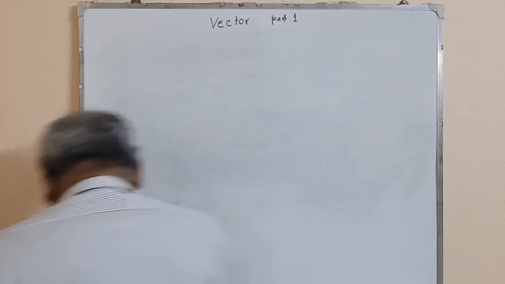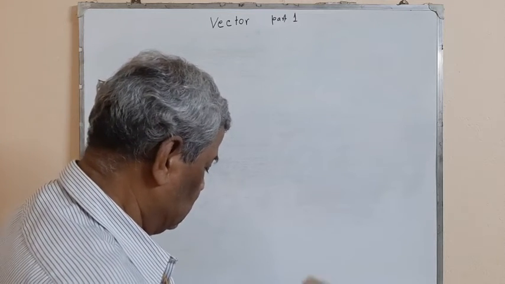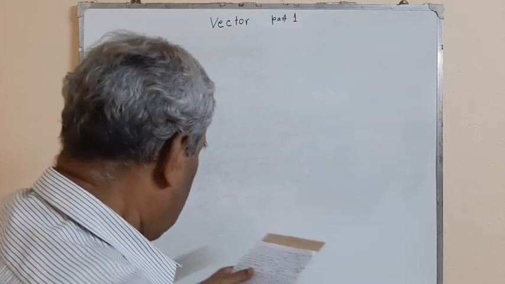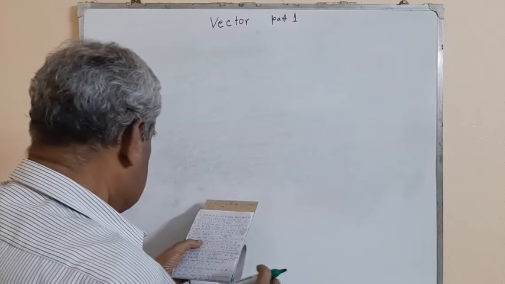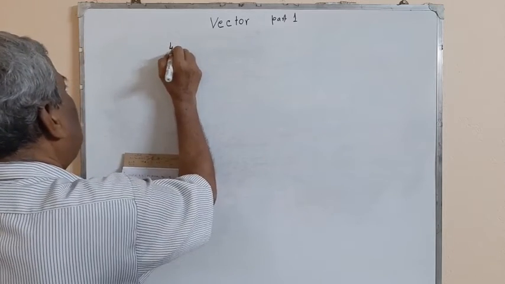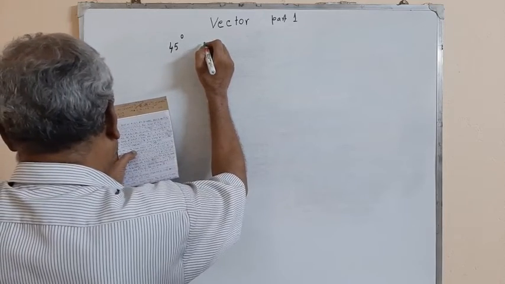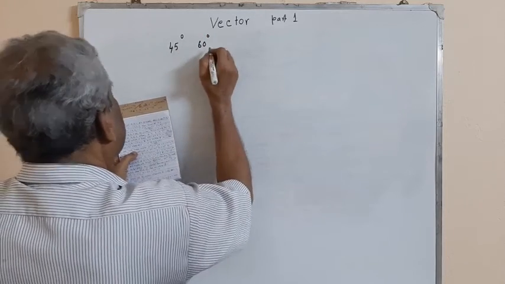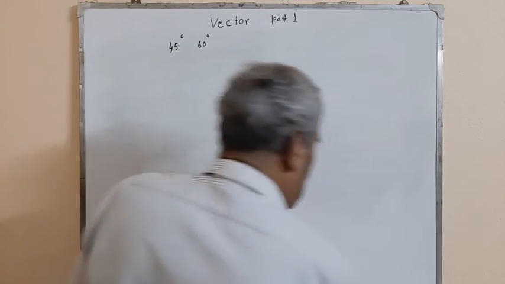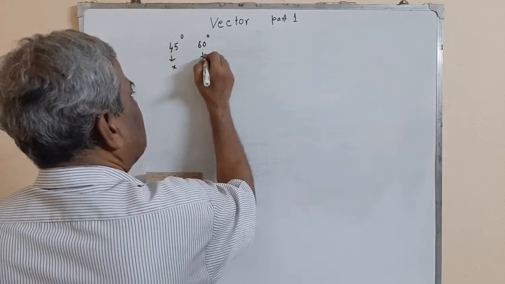Next problem is: one vector makes angles 45 degrees with the x-axis and 60 degrees with the y-axis.